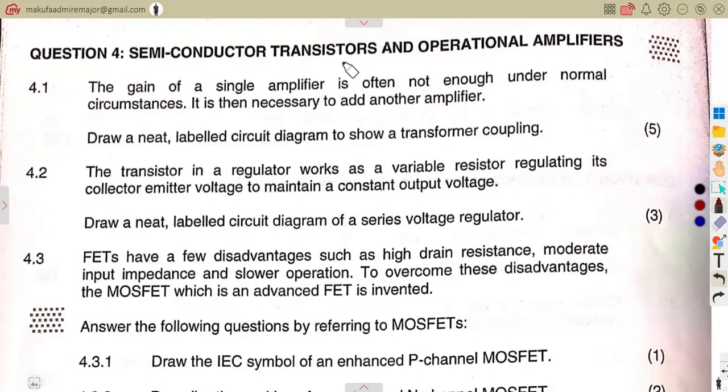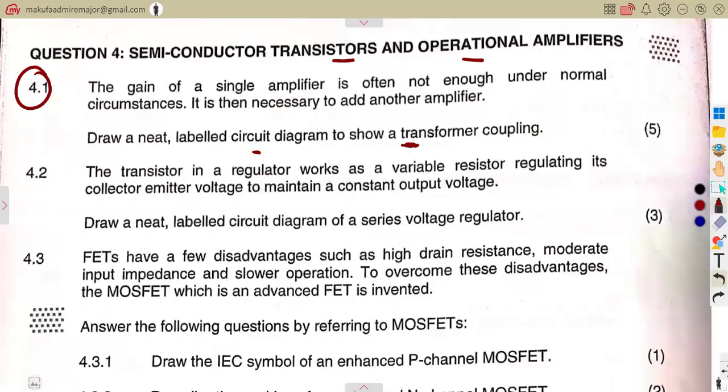On semiconductor transistors and operational amplifiers, on 4.1, we are again given certain information to consider. From there, we are asked to draw a neat labeled circuit diagram to show a transformer coupling. That's a transformer coupling.